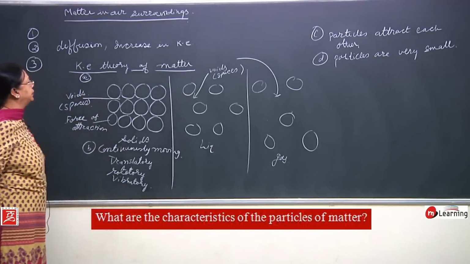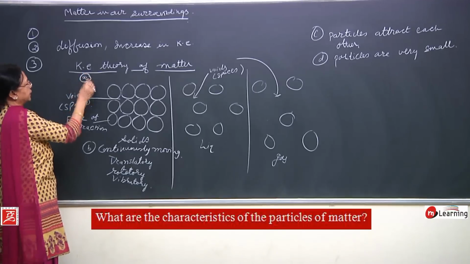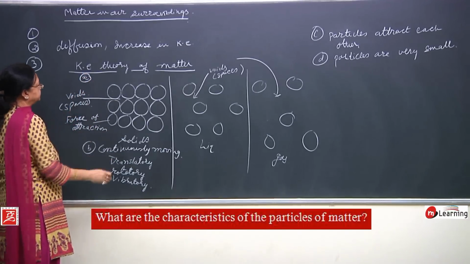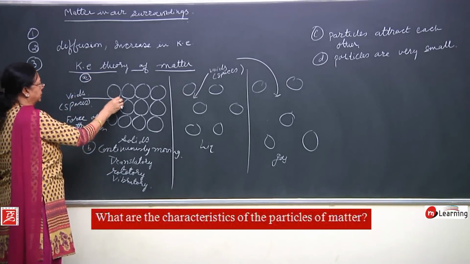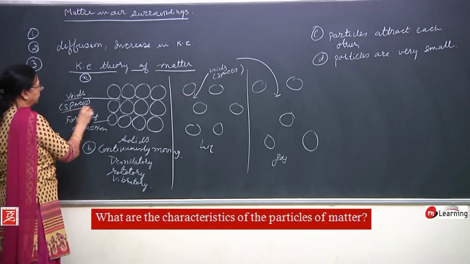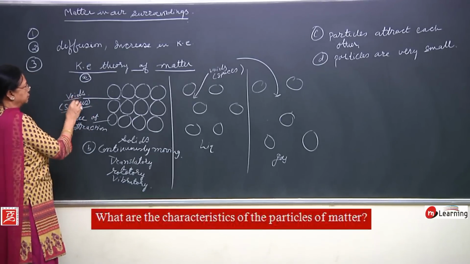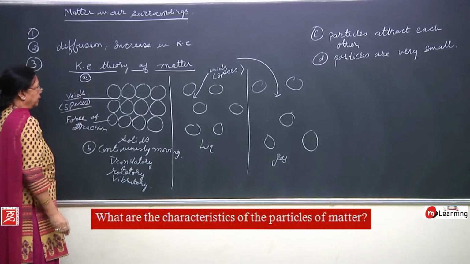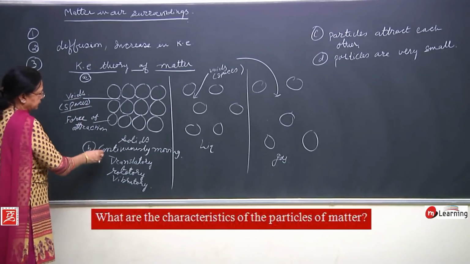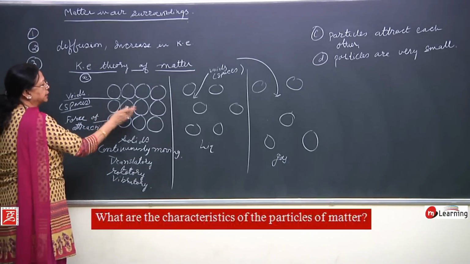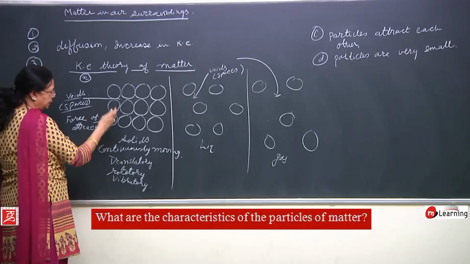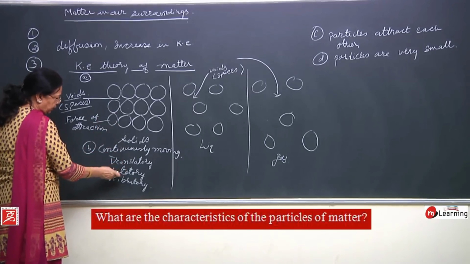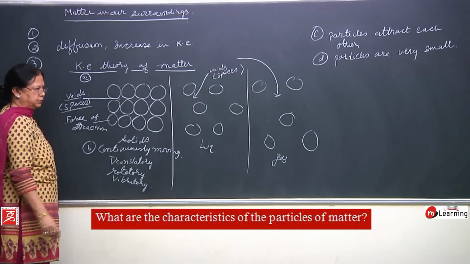According to the kinetic theory, the first characteristic is that in between the particles there are empty spaces, also called voids. Next, these particles are continuously moving, exhibiting translatory, rotatory and vibratory motion.